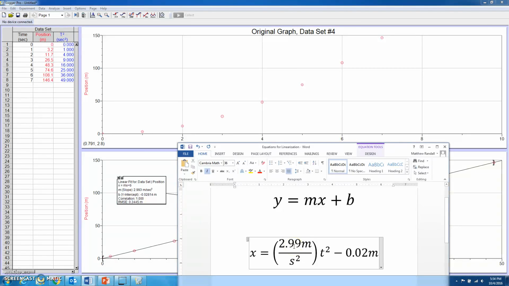So about 27 less minus 0.02, you get a number that's like 26 point something. Actually, if we go back and look at time, when time is 3 seconds, our position is 26 point something. So this model, this equation actually represents our original set of data, the original graph. It also happens to represent what's called our linearized graph.